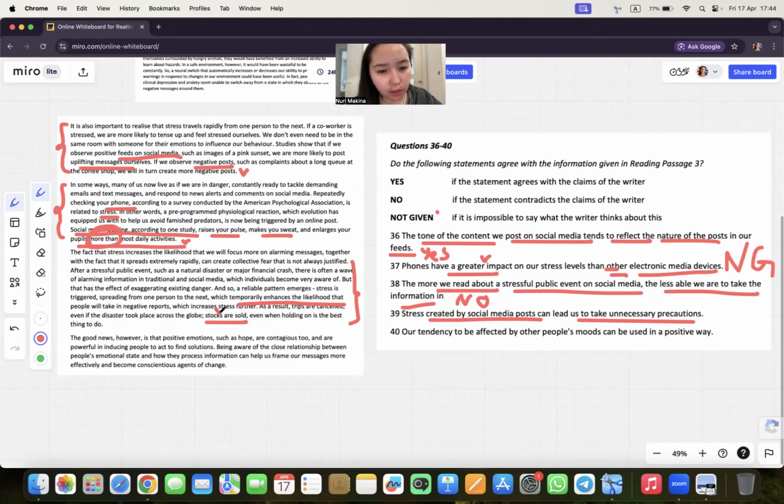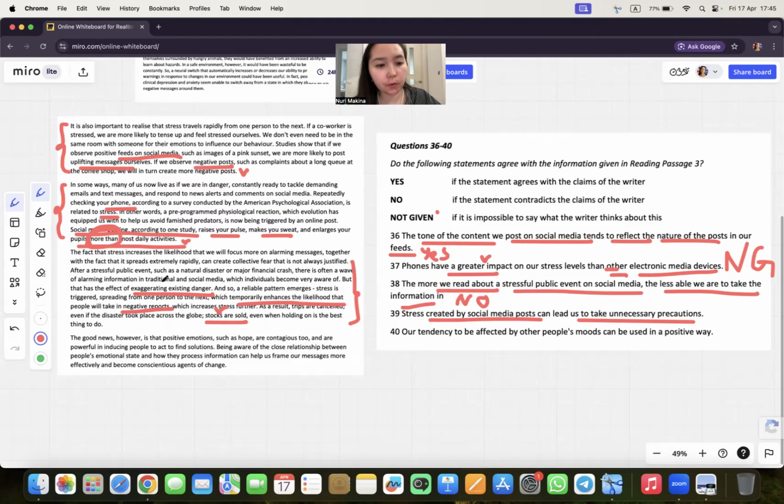We have the first proof, a reliable pattern emerges, stress is triggered, spreading from one to another, which temporarily enhances the likelihood that people will take in negative reports. Yes, which increases stress further, and also alarming information in traditional social media, which individuals become very aware of, but that has the effect of exaggerating existing danger.